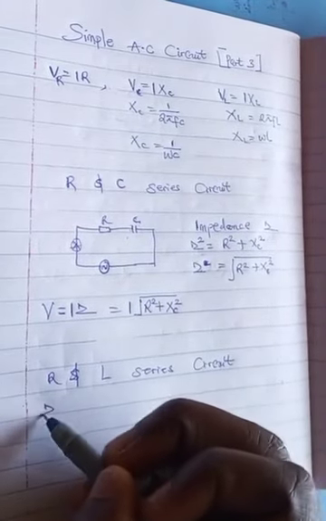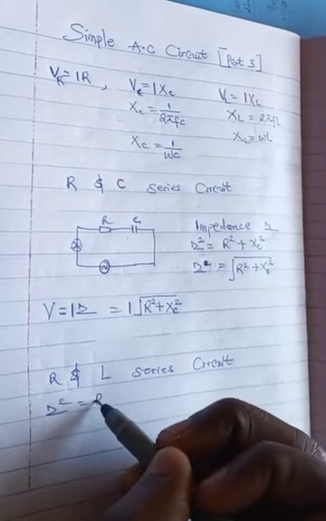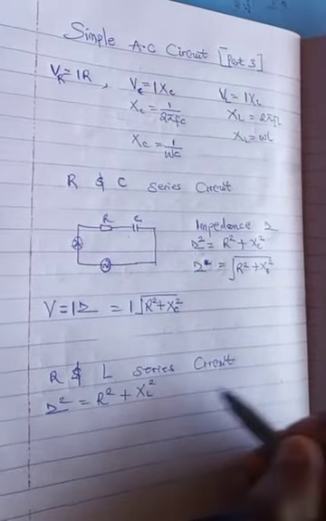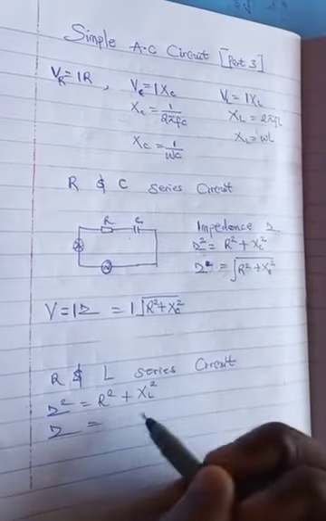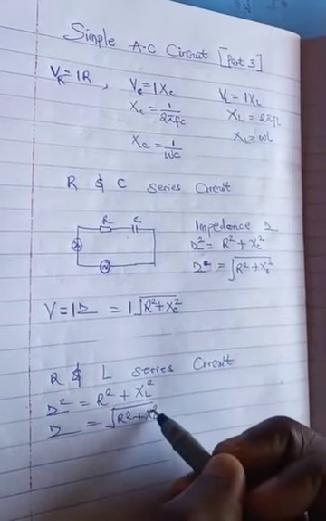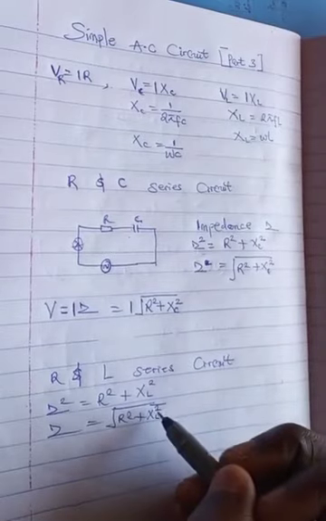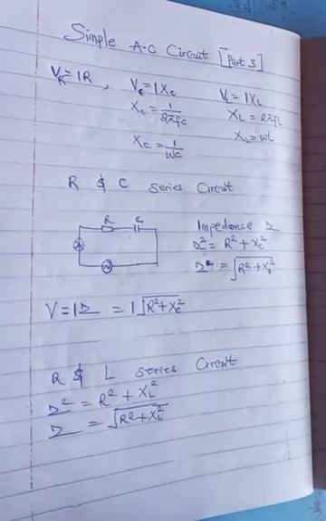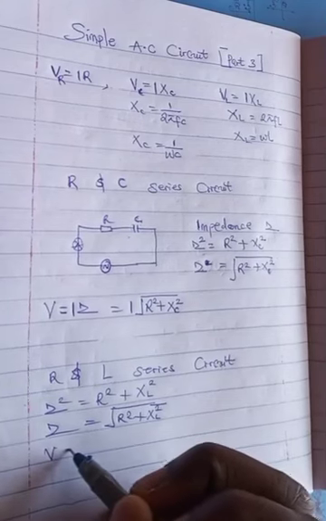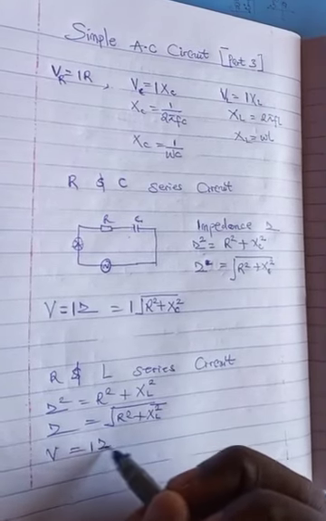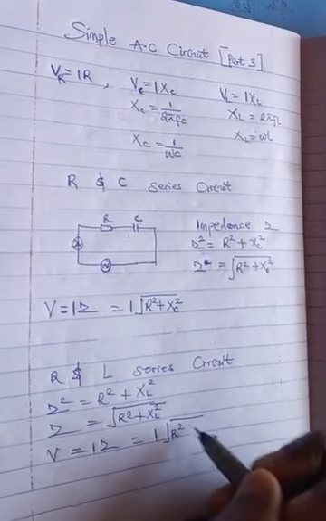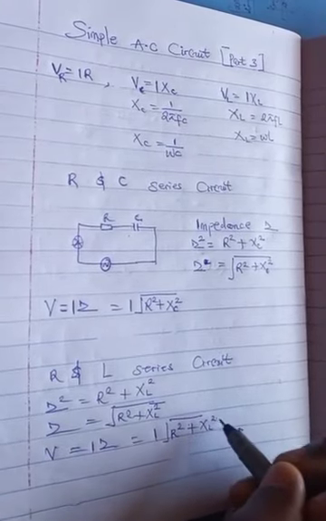In this case, our impedance Z squared will be equal to R squared plus XL squared, which means that impedance Z is equal to the square root of R squared plus XL squared. So the voltage will be equal to IZ also, but the Z in this case is the square root of R squared plus XL squared.